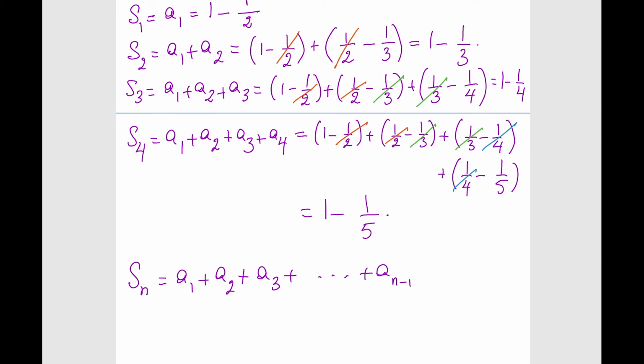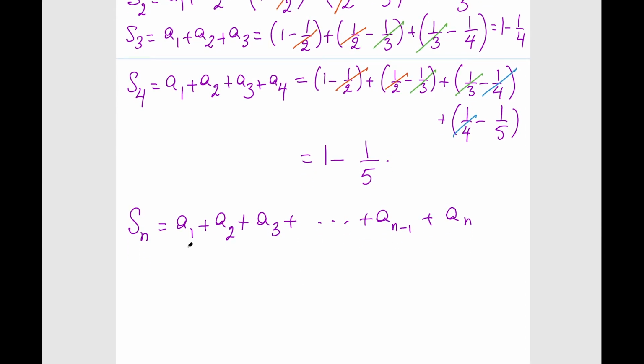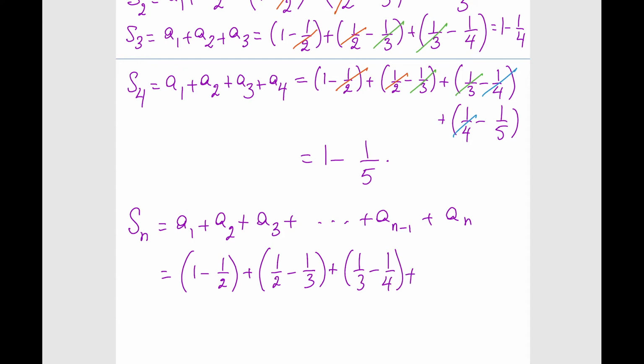So the previous one is a sub n minus 1 and then a sub n, right? Well, A1 is 1 minus 1/2. A2 is 1/2 minus 1/3. A3 is 1/3 minus 1/4, and so on.